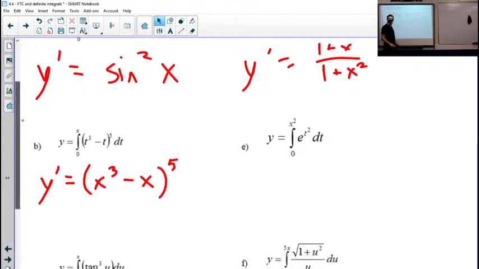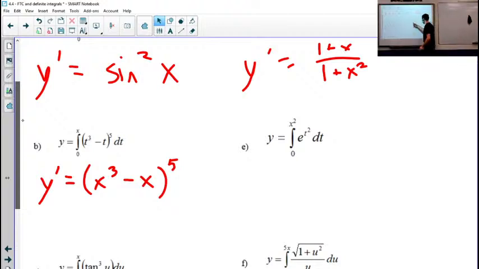Here's a bit that's going to get a little bit trickier. So I said thing number one you have to worry about is making sure the variable matches the bounds of the integral. And thing number two is if you have something other than x in the bounds, like an x squared or some other function in the bounds, then that needs to play into our integral here.